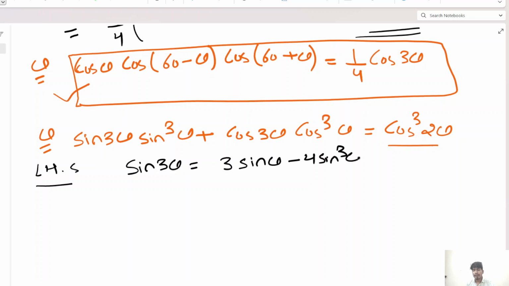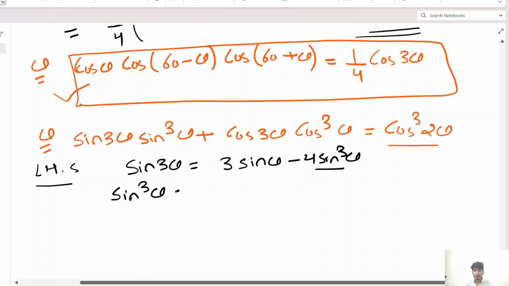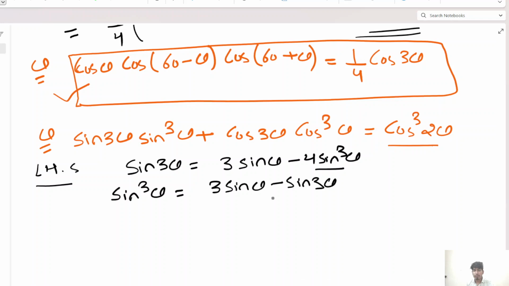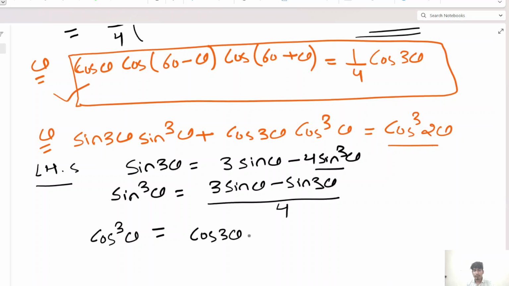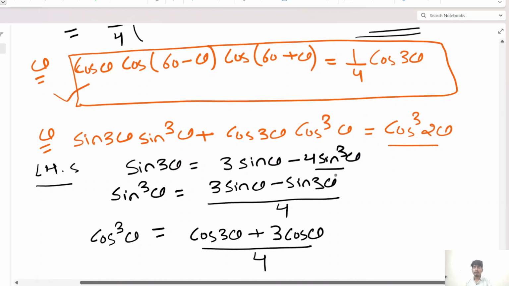Then find the value of sine cube theta. Sine cube theta is 3 sine theta minus sine 3 theta upon 4. Similarly by the cos 3 theta formula we can write cos cube theta is cos 3 theta plus 3 cos theta upon 4.